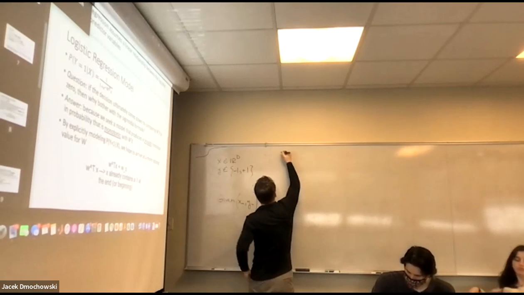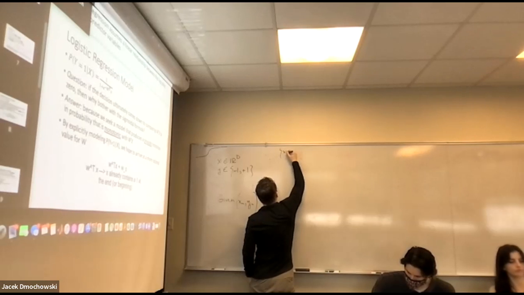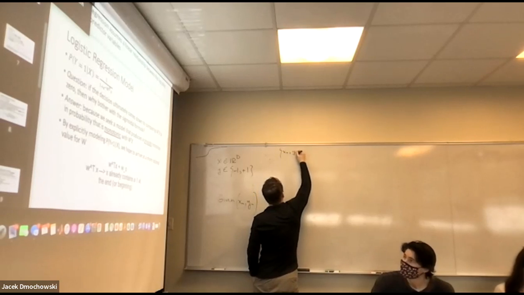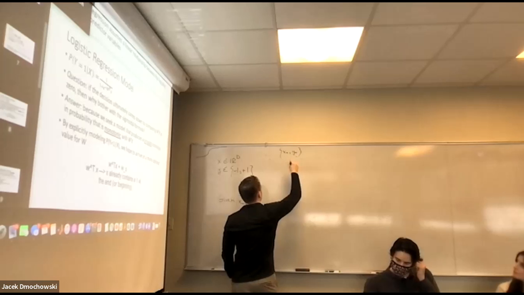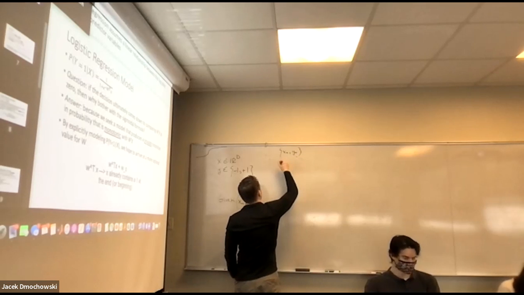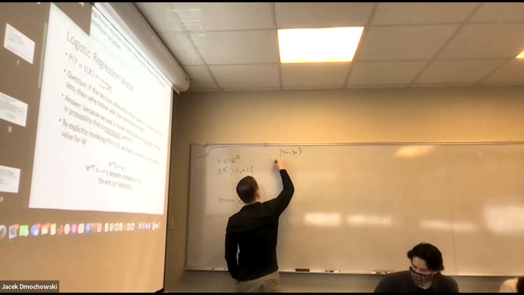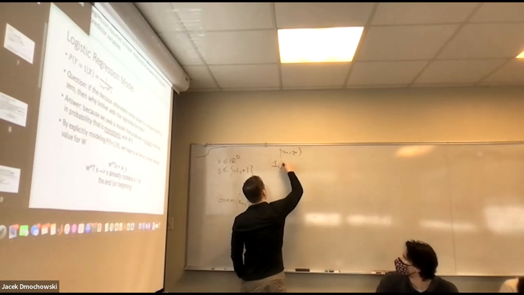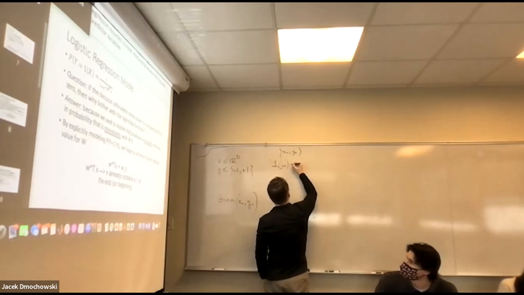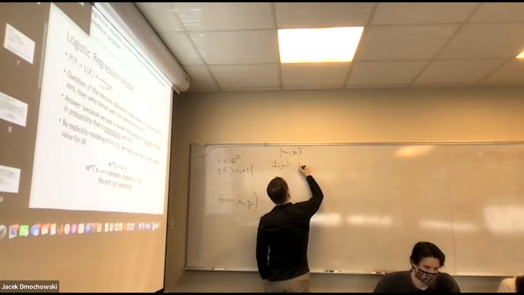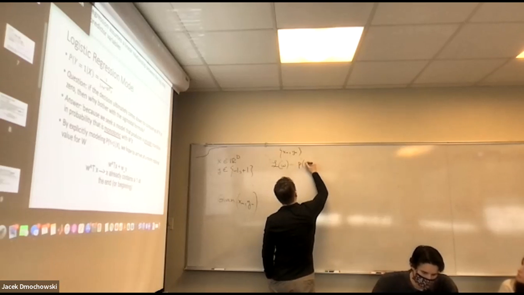What you're given is some pairs of xn, yn, where xn is a vector and yn is either 1 or -1. And then you want to write what is going to be called the likelihood function. And it's going to be a function of W.